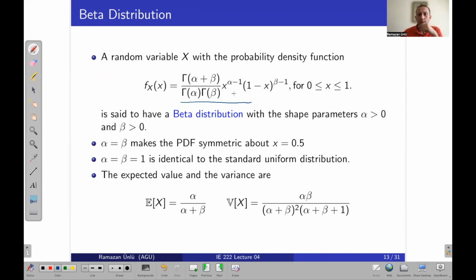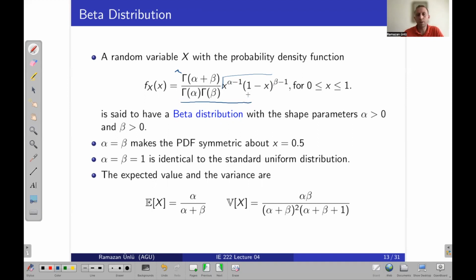In this distribution, alpha and beta are both shape parameters, so changing these parameters will change the shape of the distribution. We just saw the gamma distribution, and this part is similar to the uniform distribution. Okay, just remember it.